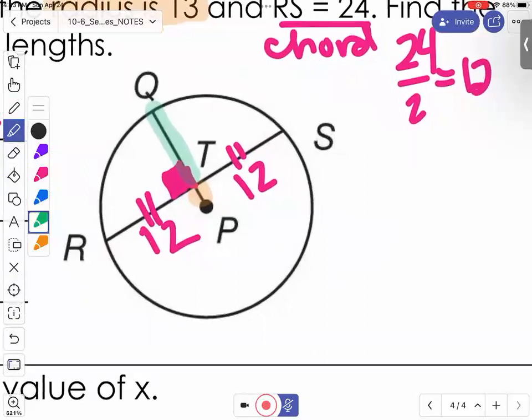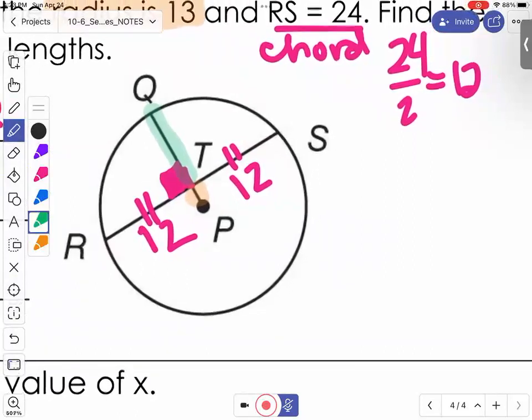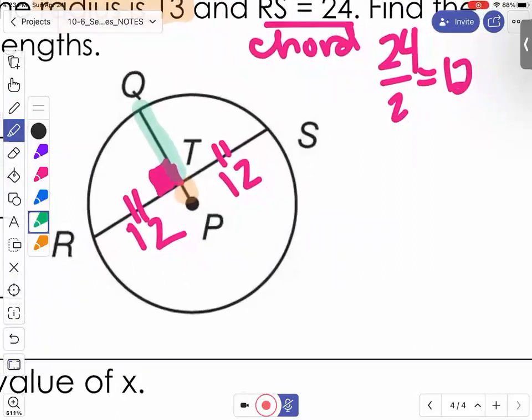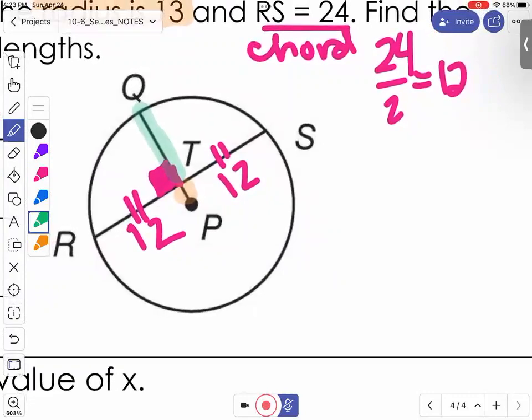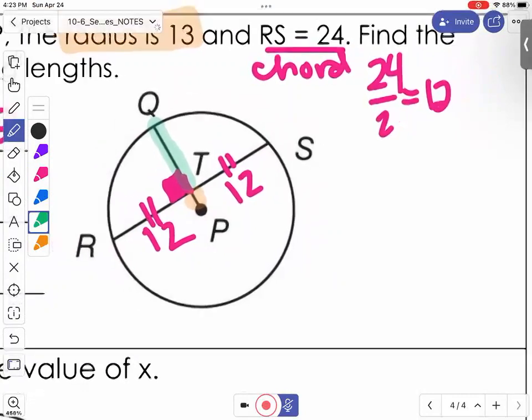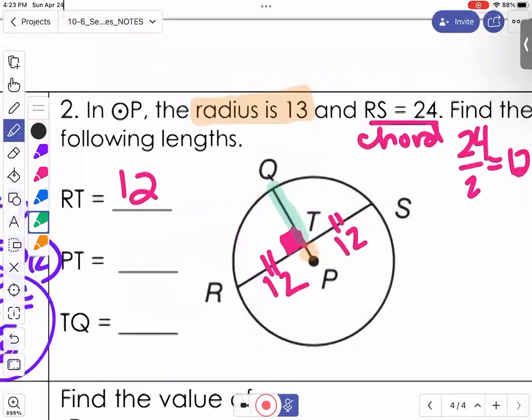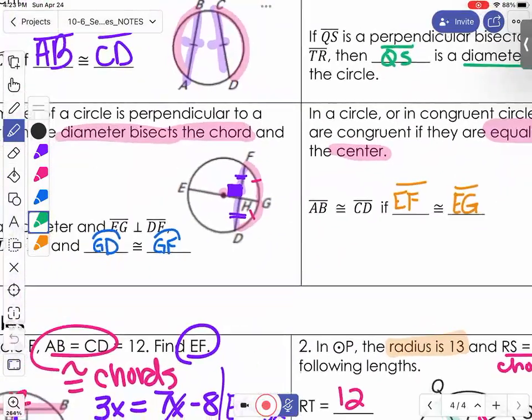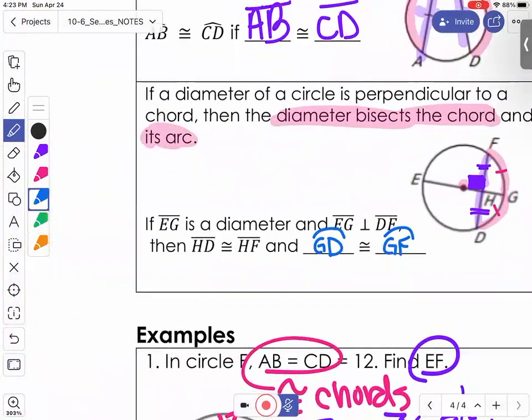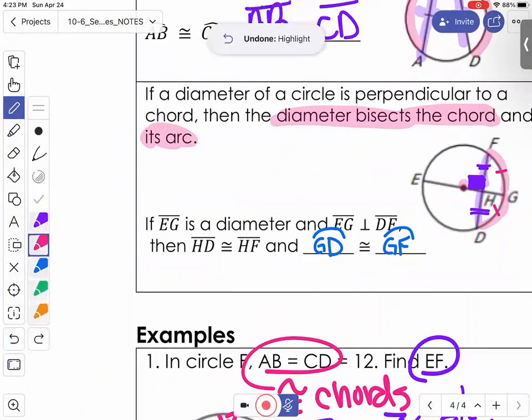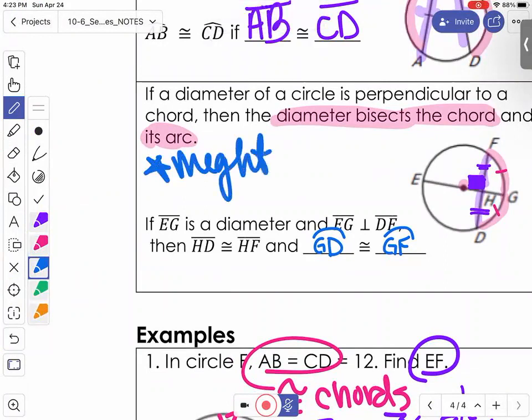Now, when we are dealing with these chords and your radius or a diameter, because of that 90 degrees, you might have right triangles going on. And so let's just add that into the property that we saw, which was this third property dealing with the diameter. Whoops, writing with a highlighter, fix that. So that we don't forget, let's add that in.